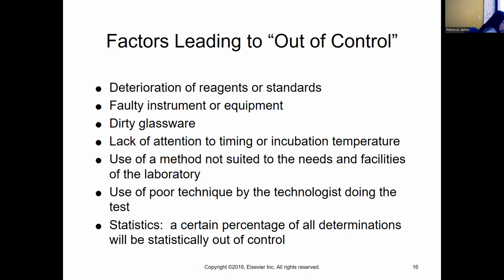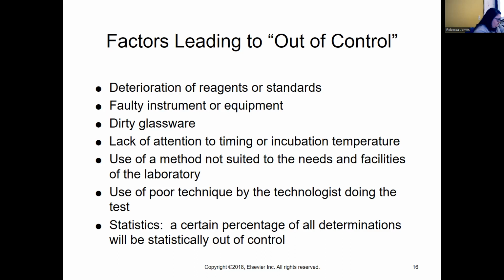Dirty glassware. Lack of attention to timing or incubation temperature. Use of a method not suited to the needs and facilities of the lab, or use of poor technique by the technologist doing the testing. So it could be several different things. That's why you have to go through that checklist.